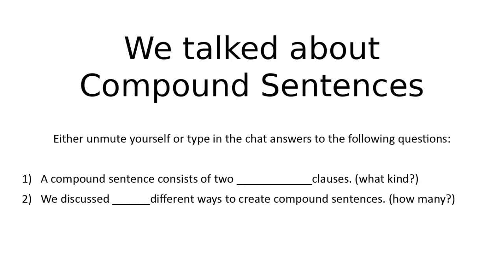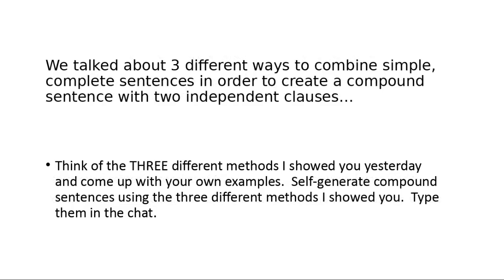That's absolutely right. Thank you. So we discussed that a compound sentence consists of two independent clauses, and then we discussed 3 different ways how you can combine the two independent clauses in order to make the compound sentence.